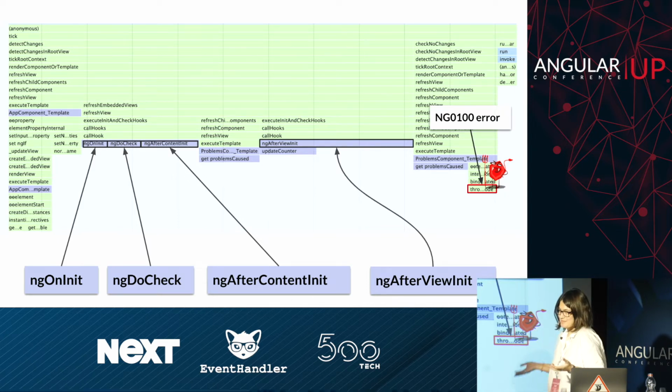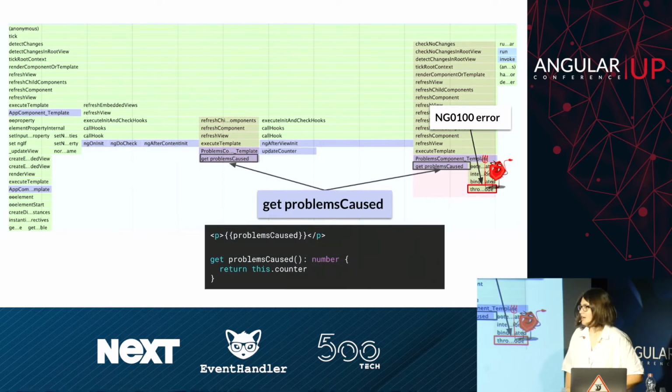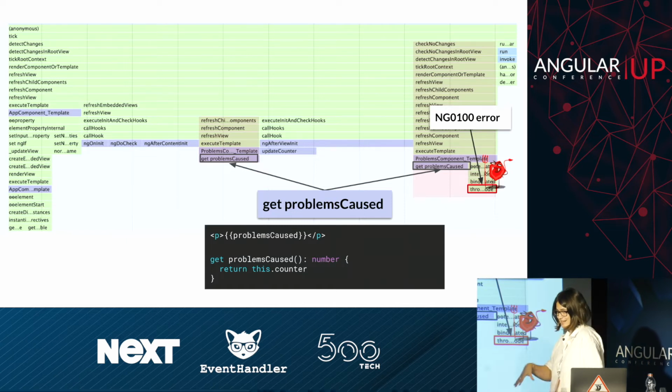Not just somehow, we see that it stays apart. One clue there is. Let's look again. This is getProblems called from our template. Method called once, method called twice. And ngAfterViewInit is exactly between them.